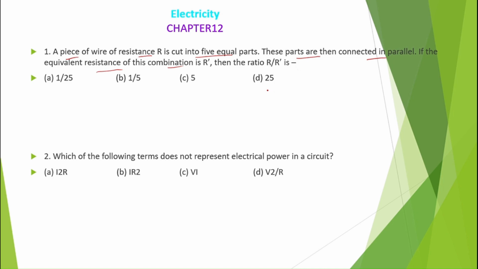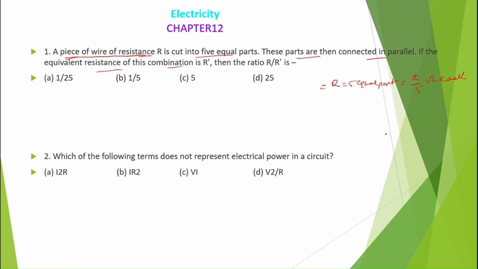Just here you see this sentence: a piece of wire of resistance R is having one resistance R. So this is cut into 5 equal parts. That means R by 5 ohm each. Correct?